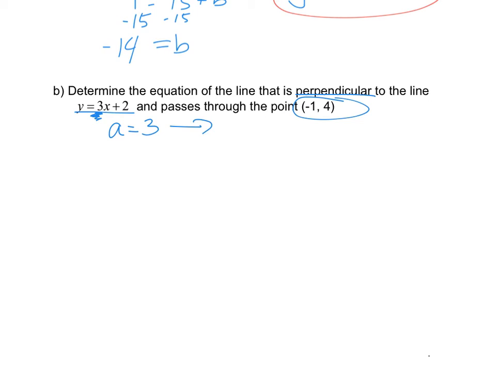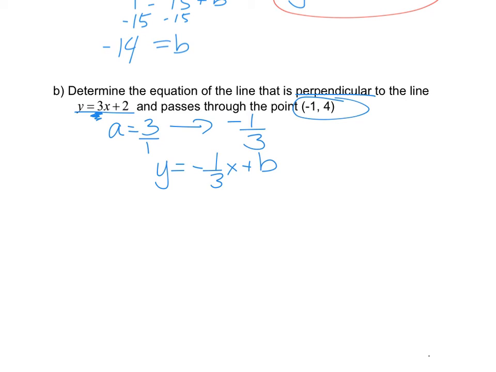But if they're perpendicular, I need to find the negative reciprocal of 3. Well, this is like saying 3 over 1. So the reciprocal of that is 1 over 3. And we change the sign. It's negative. So that is the slope of my new line. I'll write that in. y equals -1 over 3 x plus b.